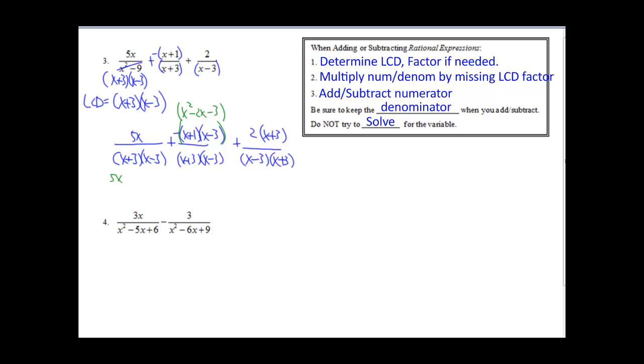We're going to get 5x minus x squared plus 2x plus 3 plus 2x plus 6 all over x plus 3, x minus 3, which equals negative x squared plus 9x plus 9 all over x plus 3, x minus 3. X cannot equal, if we go back to the original problem, we know it cannot equal negative 3 and positive 3.